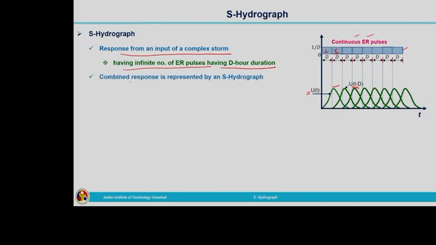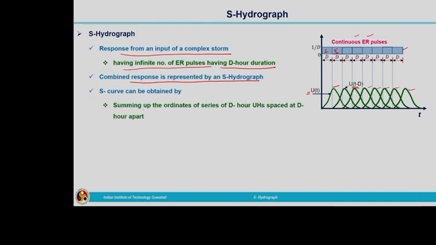So, this way we can plot a series of unit hydrographs as responses from these effective rainfall pulses. The combined response can be represented by an S-Hydrograph. If you consider the ordinates of all these unit hydrographs, we can plot a combined response by means of the S-Hydrograph. The S-Hydrograph can be obtained by summing up the ordinates of a series of dr unit hydrographs spaced dr apart.